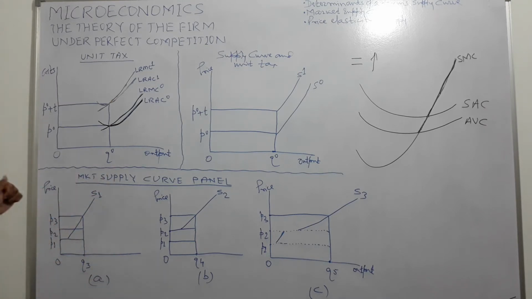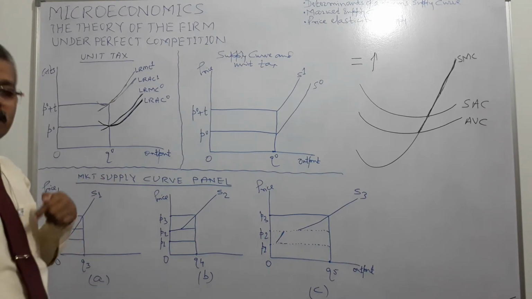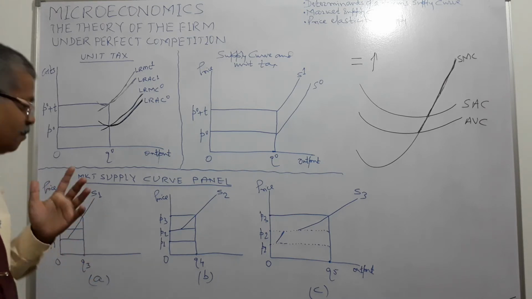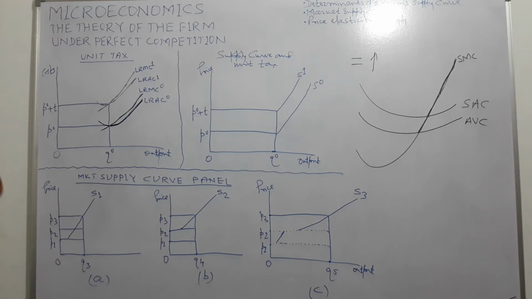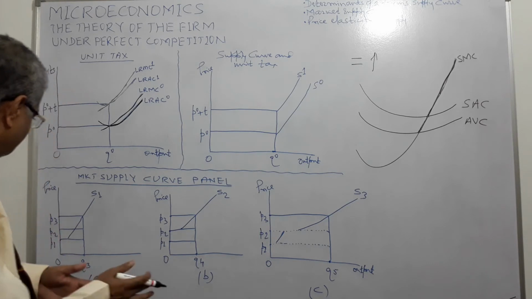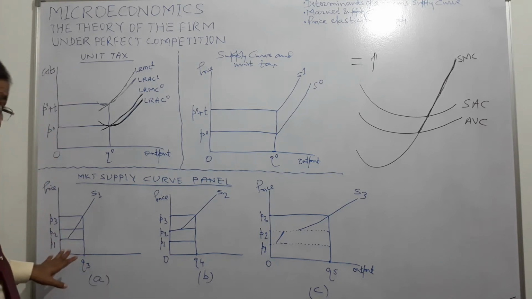So what is the market supply curve? It is the aggregate of supply by the n units in the market. Suppose we take only 2 units for the sake of simplicity. Unit 1 says, I will not supply anything if the price is below P1. So here A means unit 1.